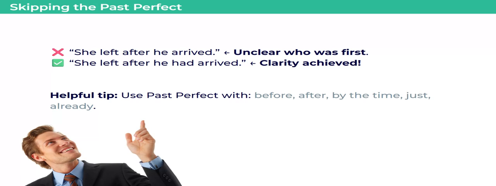These are time phrase markers that we can use with the past perfect tense to talk about a general action in the past before a specific moment in the past. So she left after he had arrived.